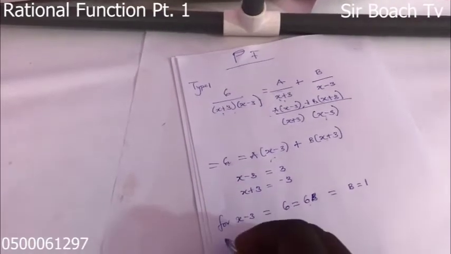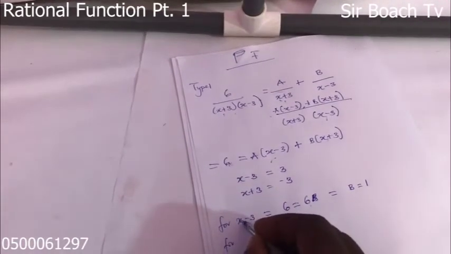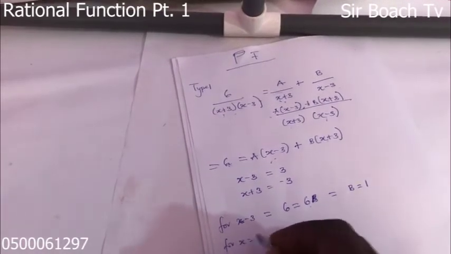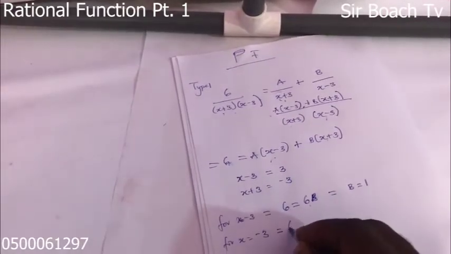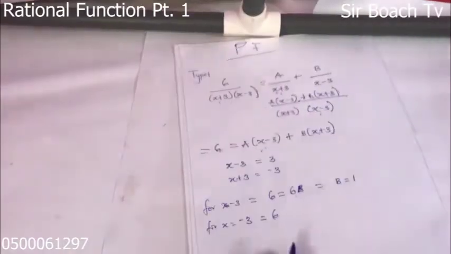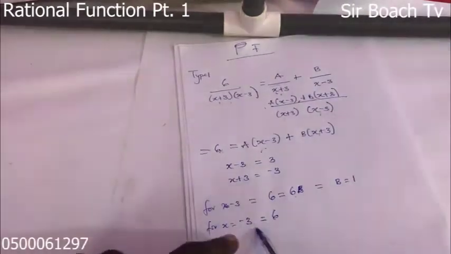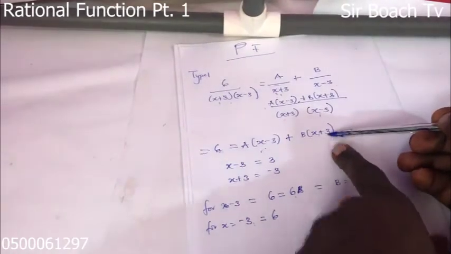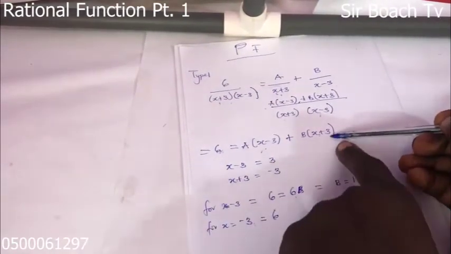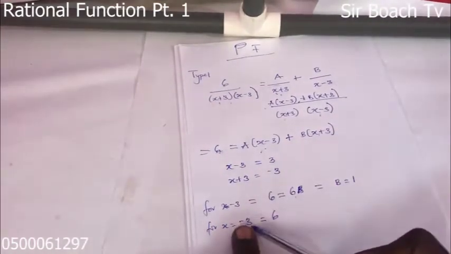Then the next one, for x equals minus 3, the 6 will come again, because there's no letter to it. Now the a is from this one, and b is from the other one. So we'll put the minus 3 inside this one.